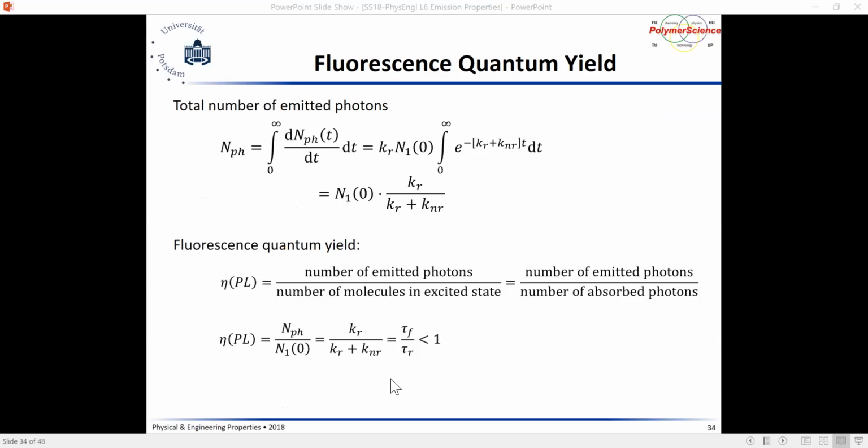Okay, fluorescence quantum yield. The quantum yield we have already talked about. It's basically the number of events that happen through a radiative channel over the total.